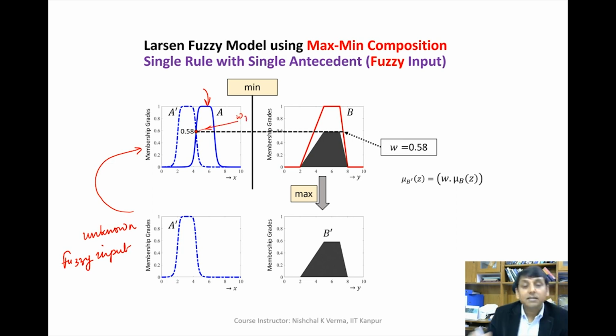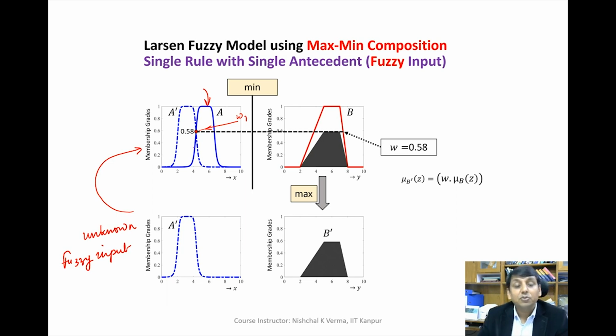I can write here W1. This we call the firing strength for a single antecedent type of fuzzy rule. So for W1 we get the point of intersection here. We have already discussed this in the Mamdani fuzzy rule, so there should not be any confusion over here.